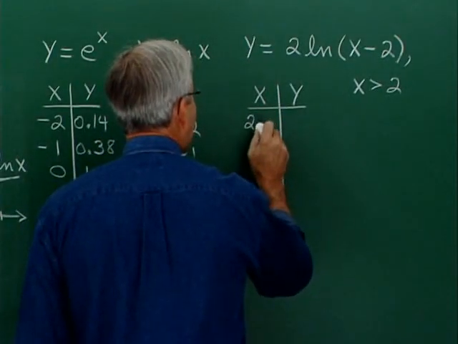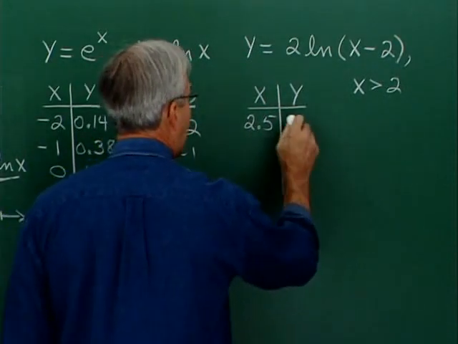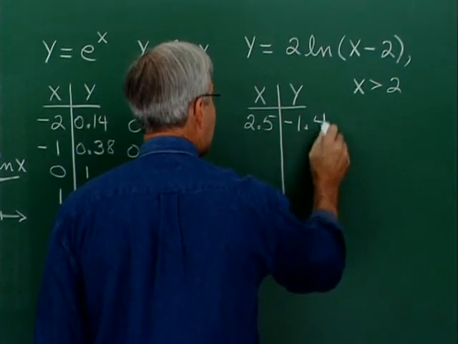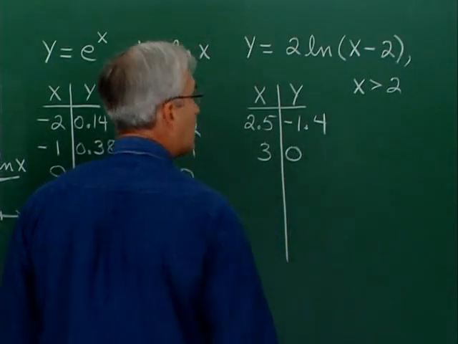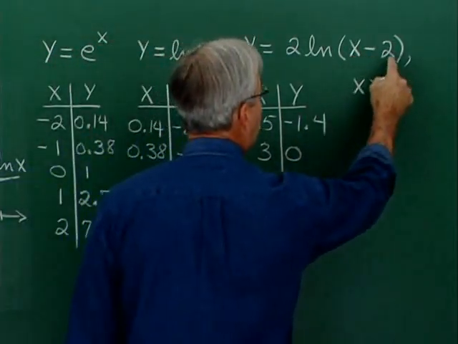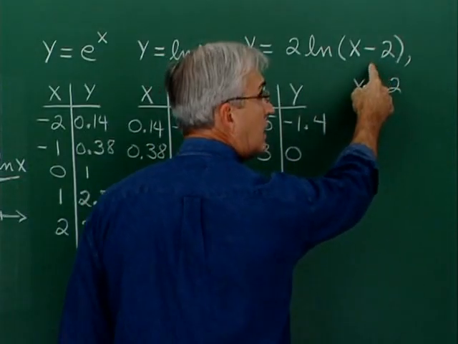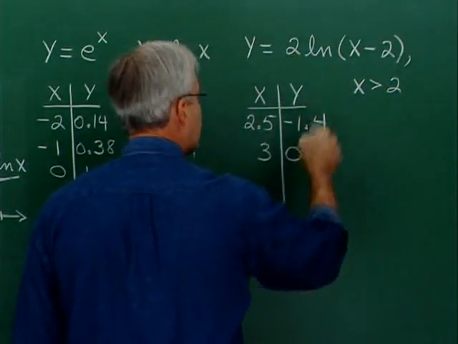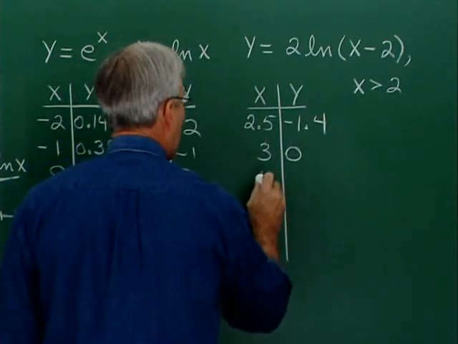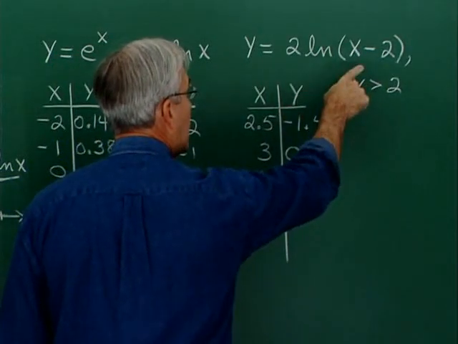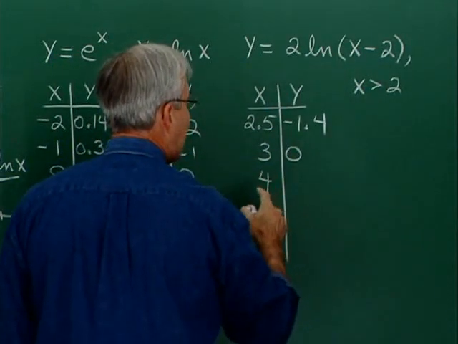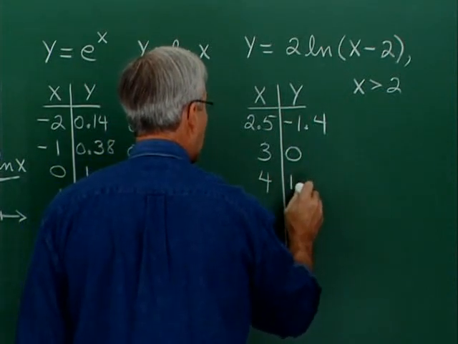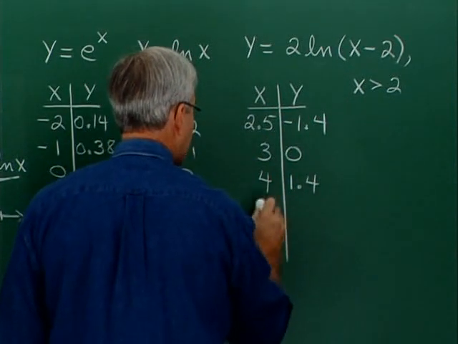But at 2.5, it turns out that y is negative 1.4. And at 3, y is 0. You see, at 3 minus 2, ln 1, that's 0, times 2 is 0. Okay. And then 4 is ln 2 times 2. That turns out to be 1.4, approximately, and 5 goes to 2.2.